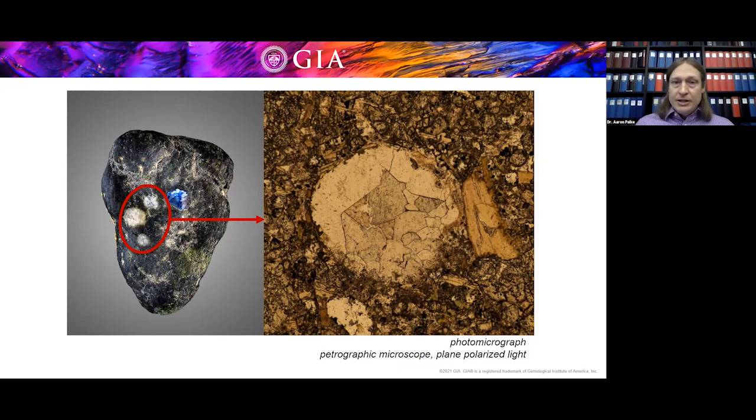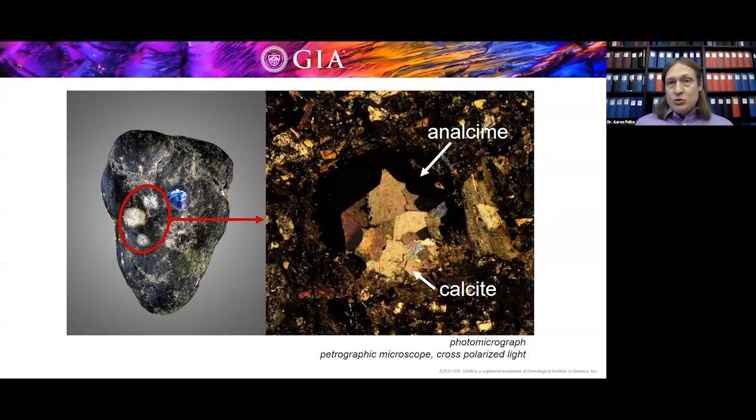If you go to the next slide, we can use a different technique called cross-polarized light with these thin sections. This helps us identify some of these minerals more readily. You saw some of those white minerals turn black in that blob. That's a mineral called analcime, which is a sodium aluminum silicate mineral. Some of those white minerals turn these pastel colors.